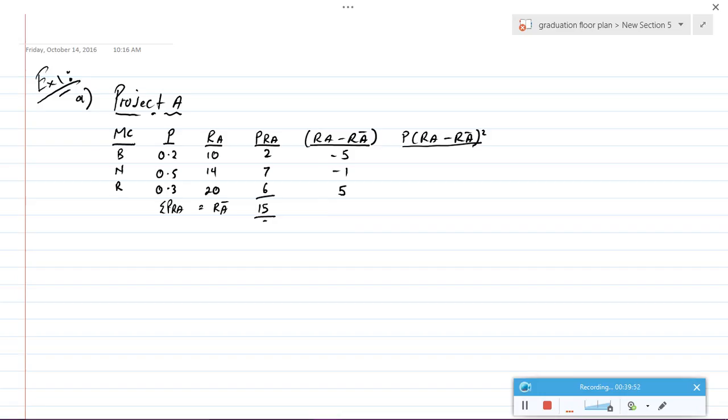So you get 3.61%. So that's the return, this is the risk, remember. That's for project A.